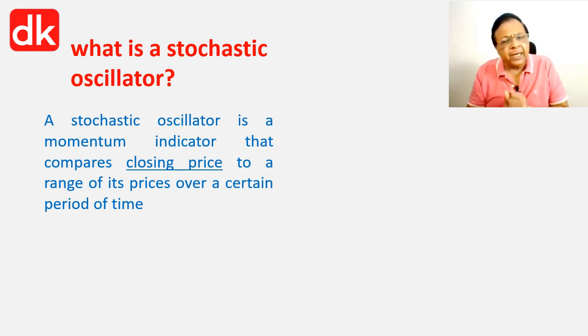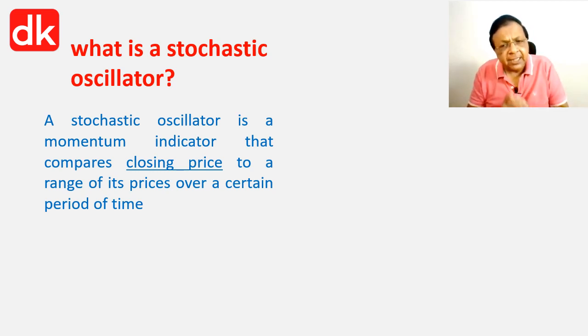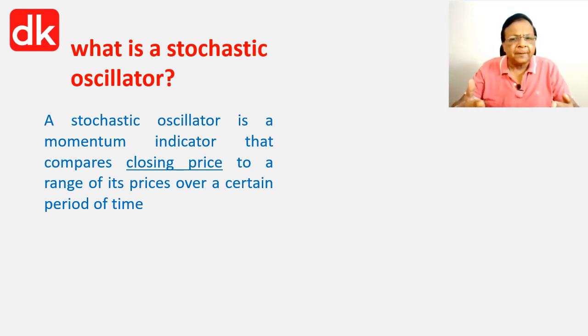Normally the default period selected is a 14-day period. So it compares the range of price with respect to the current closing price in the market, and that gives certain indications and signals.